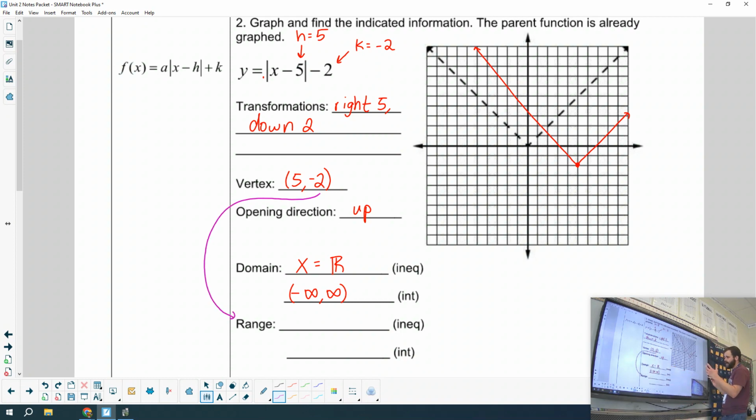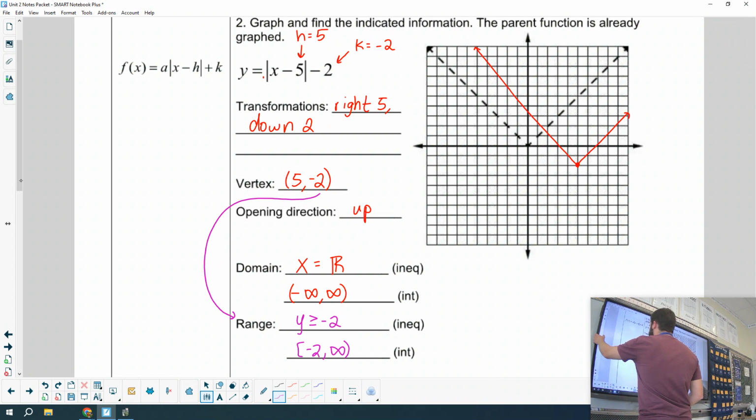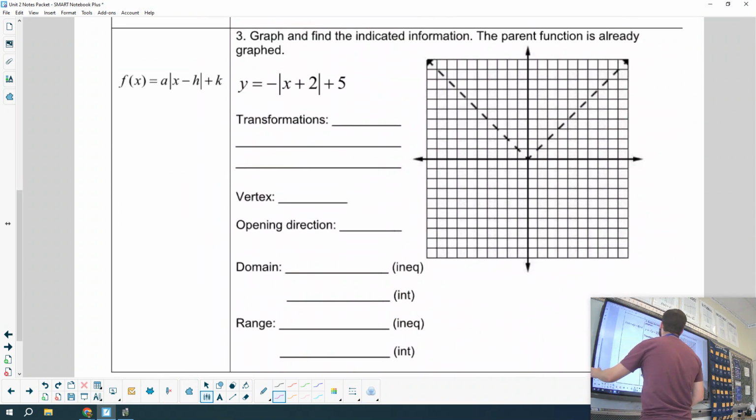And if it's above that number, it's going to be greater than. If it's below that number, it's going to be less than. So it's going to look like this, okay? We're going to go y is greater than or equal to -2, or brackets -2 to infinity.